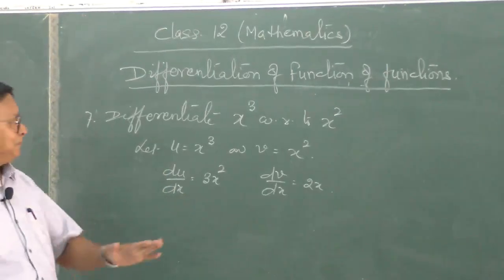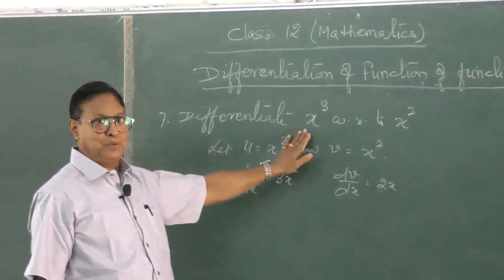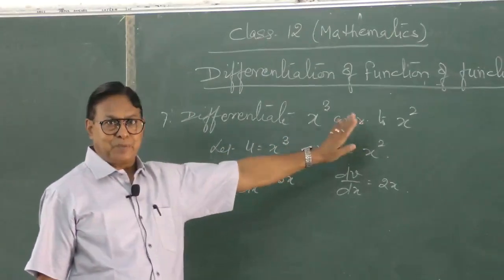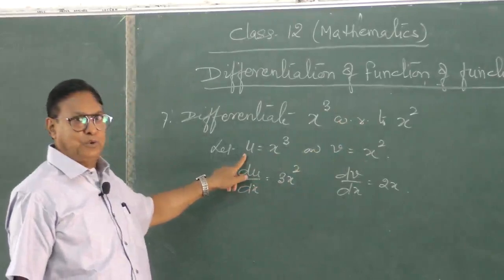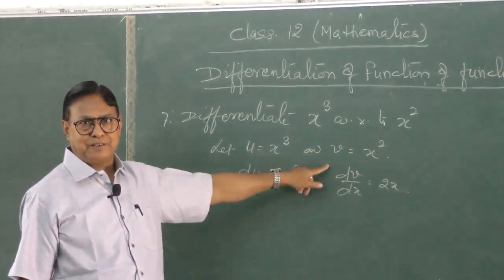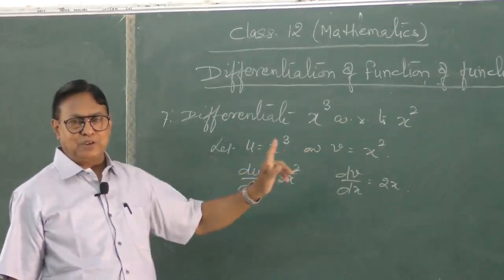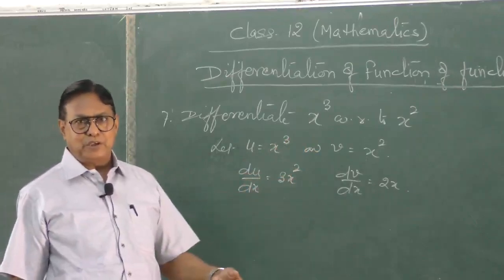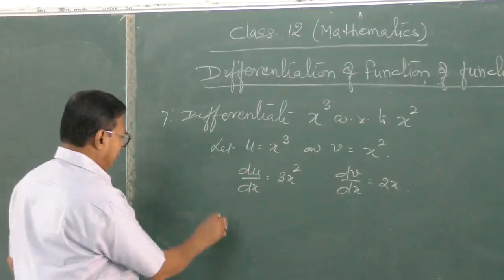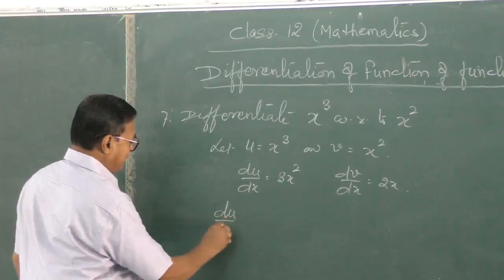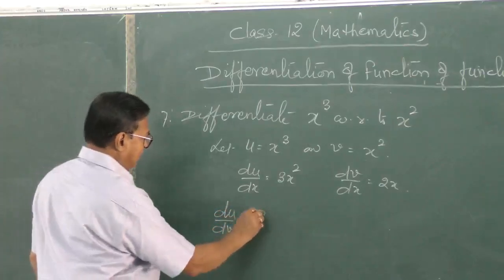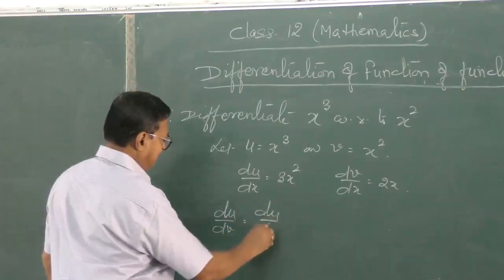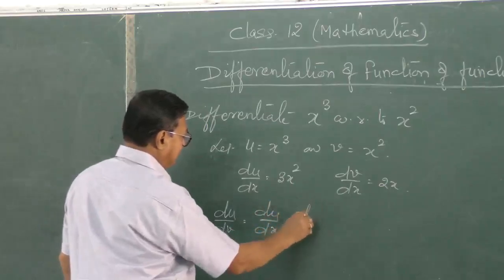Question says what? Differentiate x cube with respect to x square means differentiate u with respect to v. So when we differentiate u with respect to v, we get du by dv. So we have to find du by dv. So this is du by dx into dx by dv.